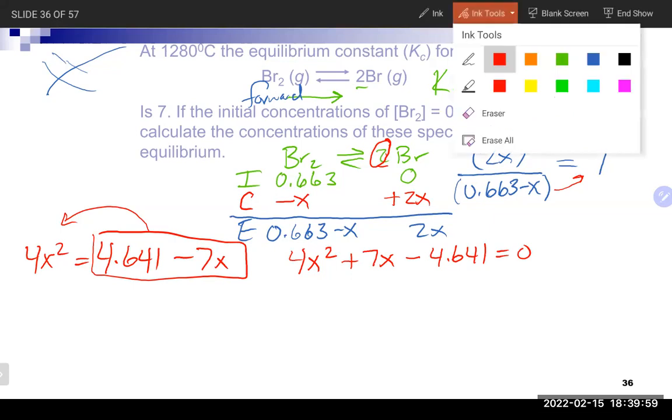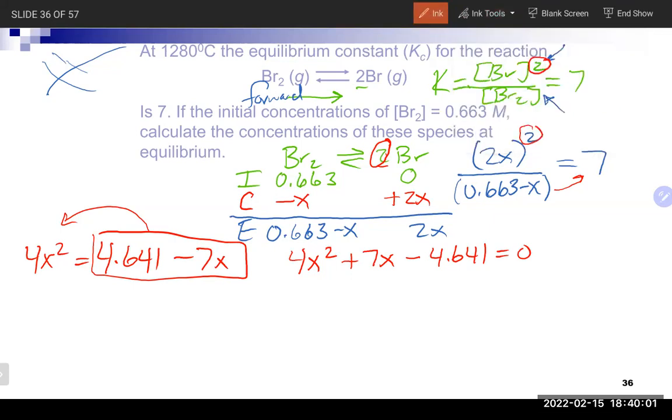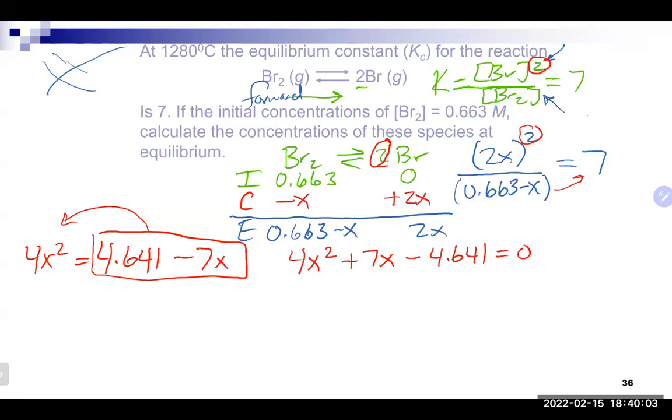At this point, you look at this and go, sad, because now I got a quadratic, unless you like the quadratic. But you do need to do this. By the way, ax squared plus bx plus c equals 0 is what we're looking at here.